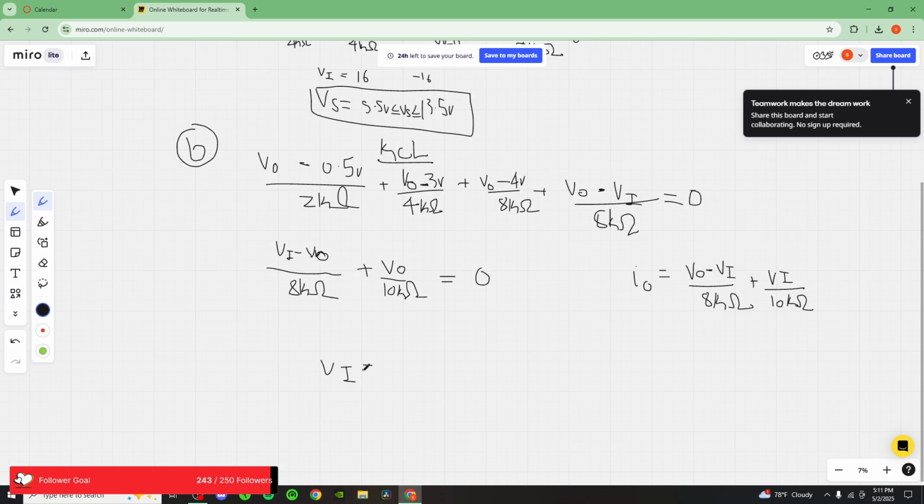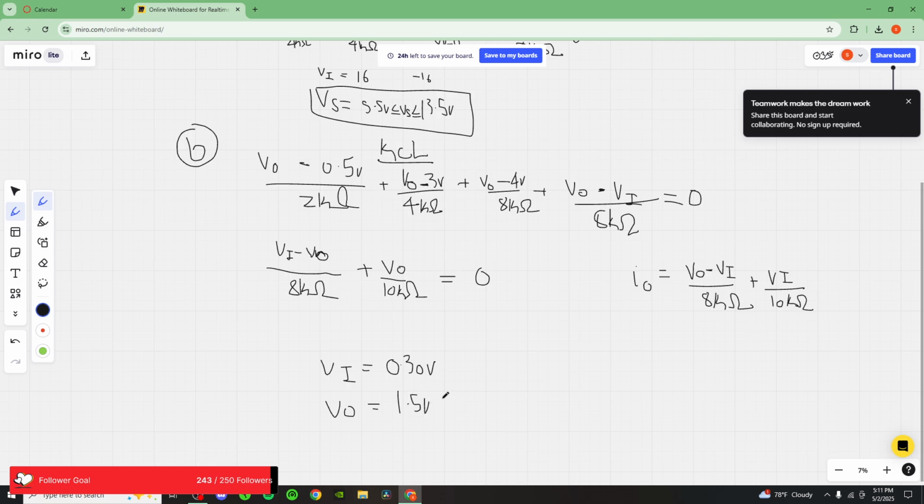So these are the values right here. VI is actually going to equal 0.30 volts, whereas V0 is going to equal 1.5 volts.